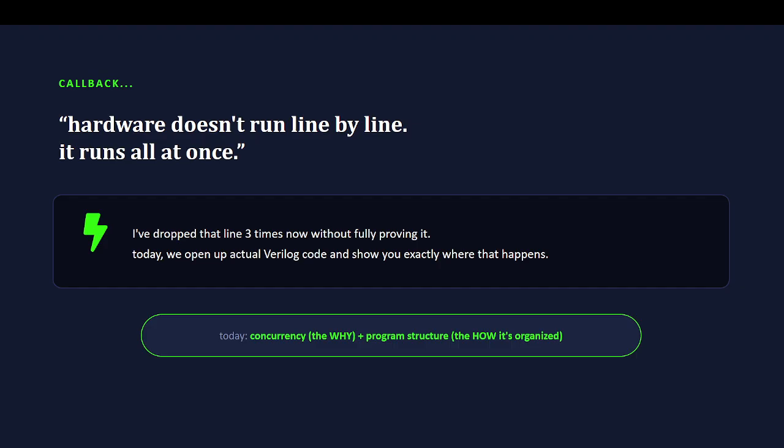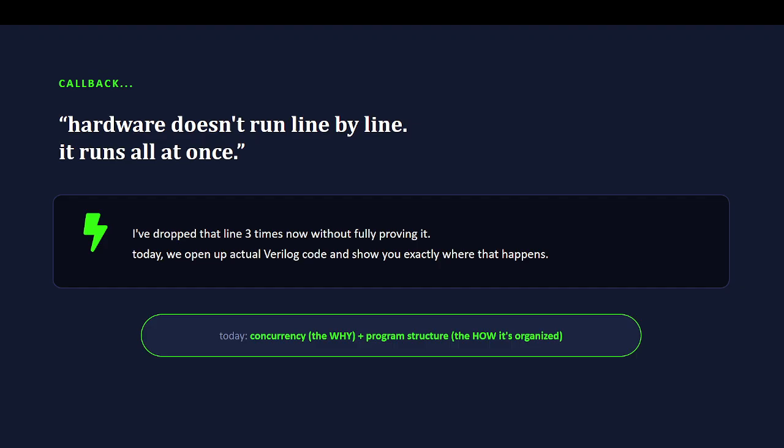So here is the actual plan for today. First half, concurrency, the why, proven with real code. Second half, program structure, the how, meaning how a module is actually organized, what goes where, what the pieces are called, and why.